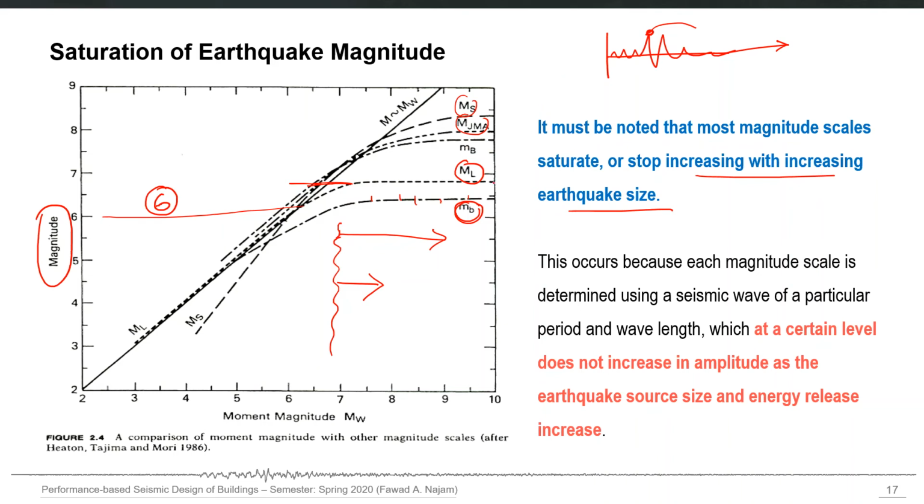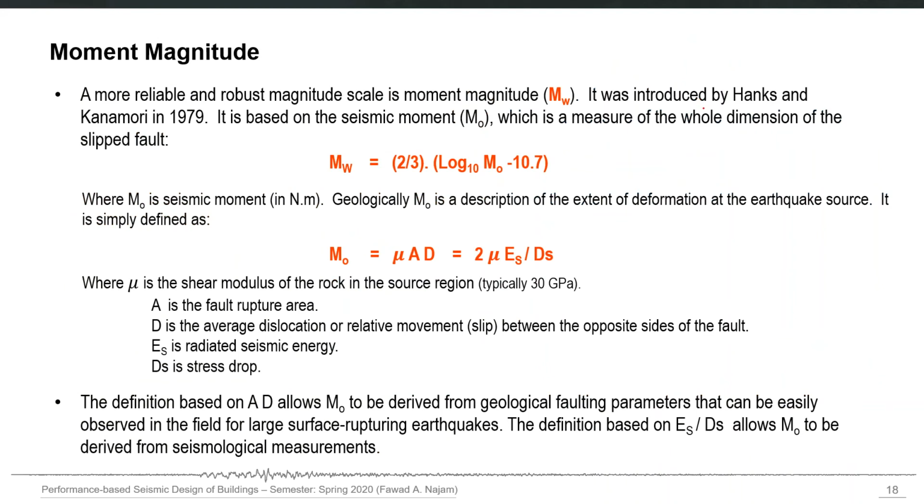And the reason is the same: if you base your definition on the instrumental record, the peak number of the seismic wave will not increase with increasing energy release beyond a certain level of earthquake. Because of this, we should base our definition of magnitude on the amount of energy released during an earthquake. And that's what the moment magnitude scale, MW, does.